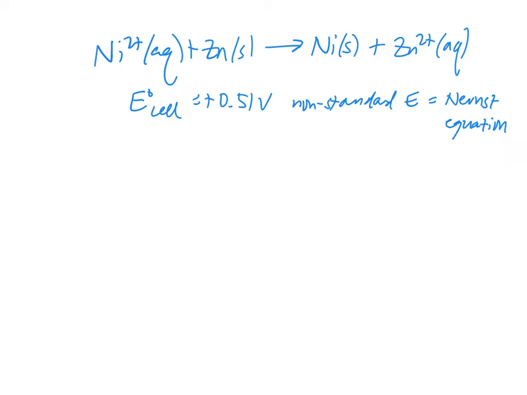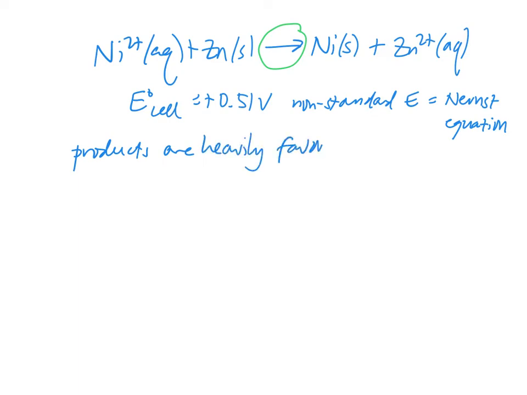The idea is, what if the values aren't 1 molar? Or if it's gases, what if they're not 1 atm? Or what if the temperature isn't 25 Celsius? What would happen? Well, a key idea about this is that even though we're writing the reaction as though it's not an equilibrium reaction, it is proceeding towards equilibrium. And the idea is simply that because the products are heavily favored, in a sense, they're almost unilaterally favored.